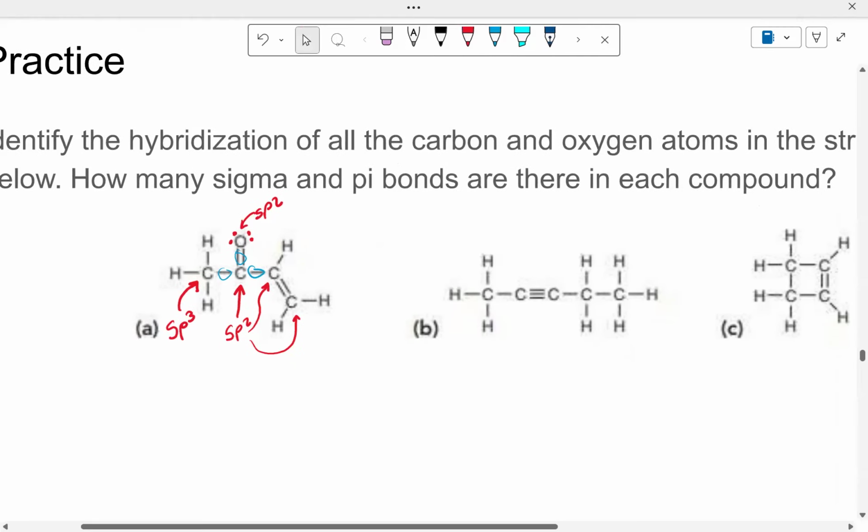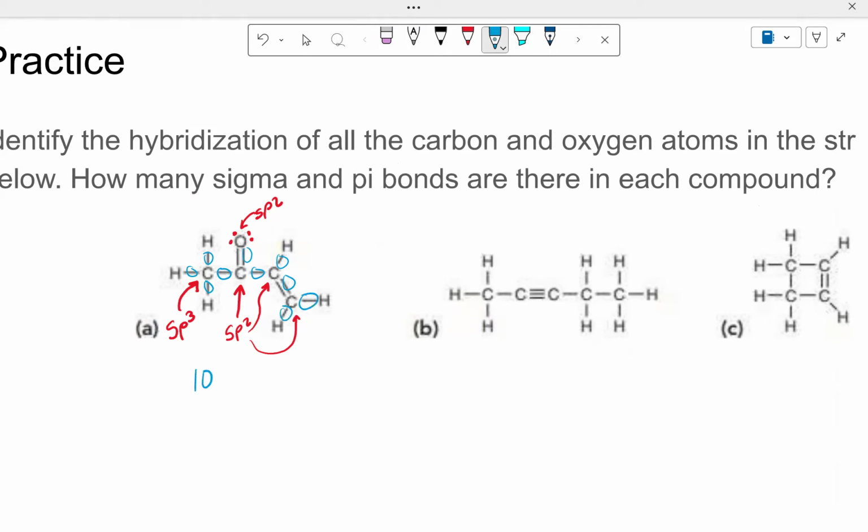Now, how many sigma and pi bonds are there? I'm going to erase these so we can just start counting. So with sigma, we got 1, 2, 3, 4. A double bond has 1 sigma in it. 5, 6, 7, and 8. Oh, and these are 9, 10.